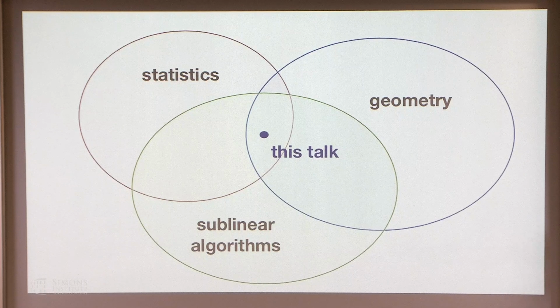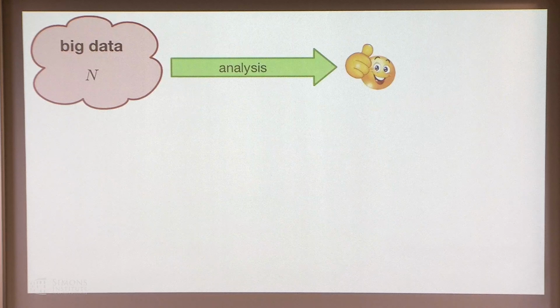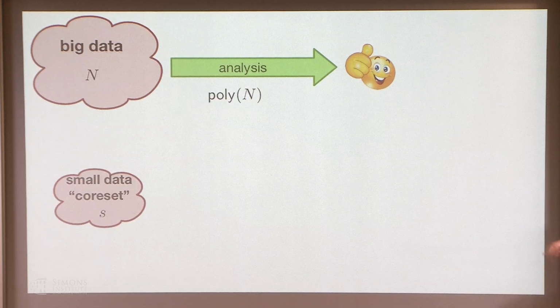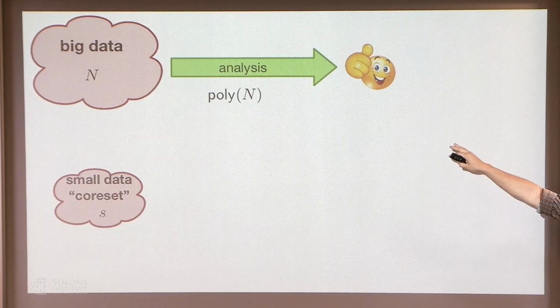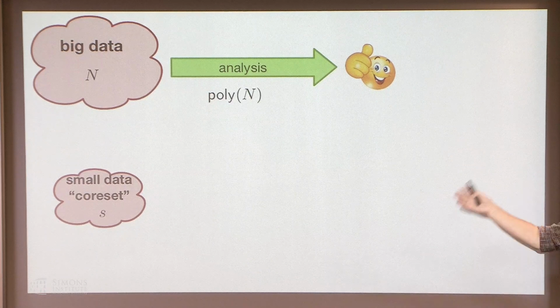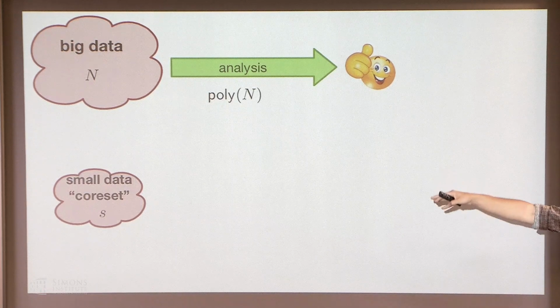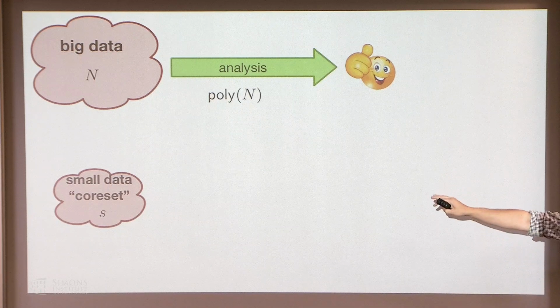So the big theme often in sublinear algorithms is you've got some big data, some big N. You want to do some sort of analysis on this, and you're happy if you can get an answer. But often the analysis is polynomial in N. So what you might want to do instead is build a sketch or a coreset of the data, which is going to be a much smaller set that retains some of the properties.